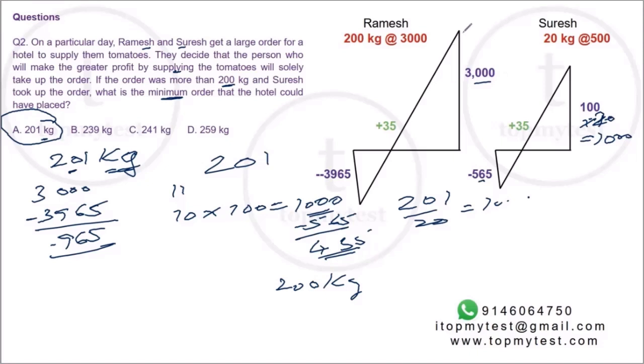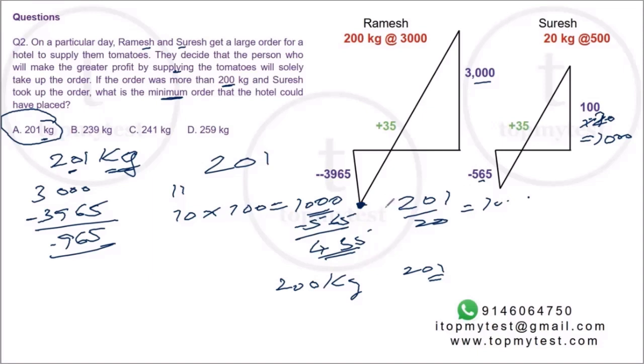So Ramesh earns a higher profit at 200. But the 1 extra kilo basically brings his profit down drastically. So at 201 kilos, Suresh is now making more money than Ramesh.